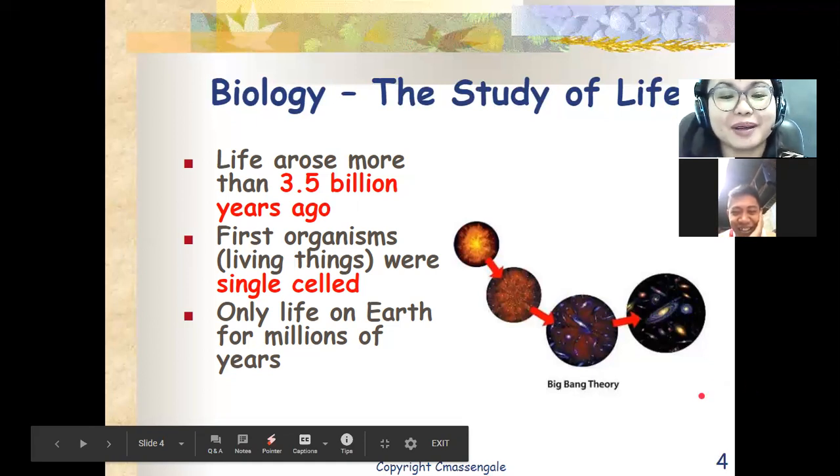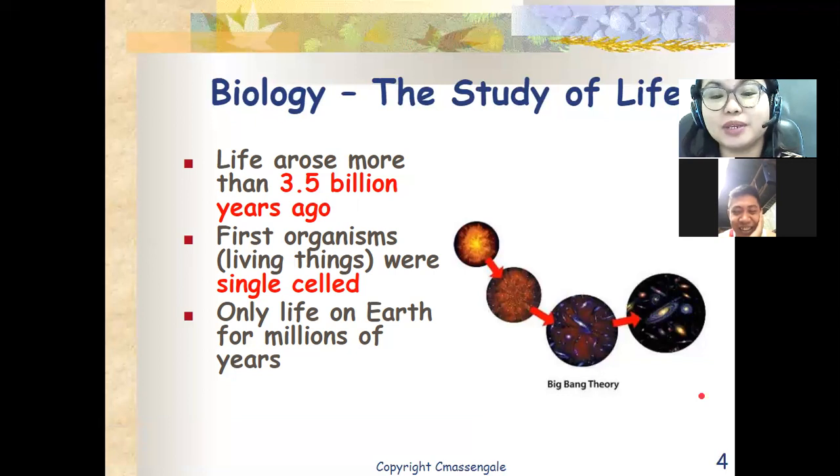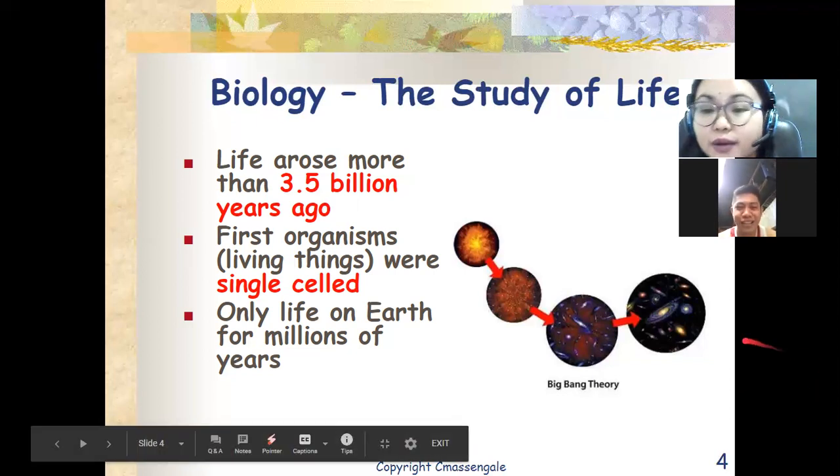The living things that remain until now from the time of the Big Bang theory, when the world was created, the oldest living things alive, are bacteria, because these are single celled.